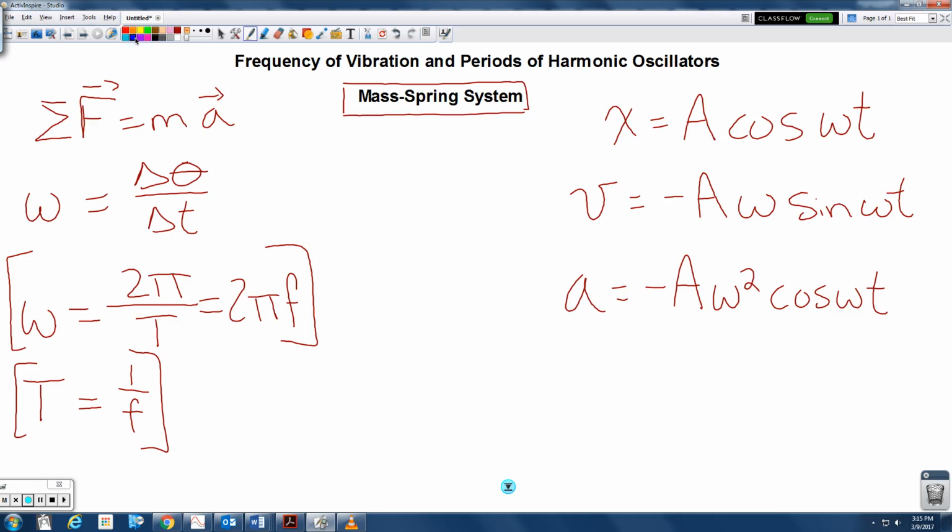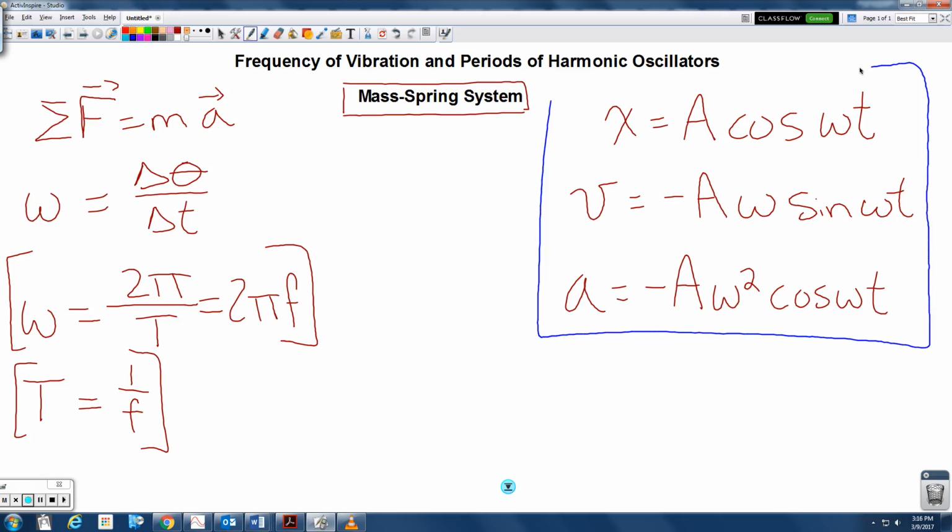So here we have in blue these new equations for position, velocity, and acceleration. And we also showed what the maximum amounts of velocity and acceleration would be. When sine omega t equals 1, we get a maximum velocity, and when cosine omega t equals 1, we get a maximum acceleration.